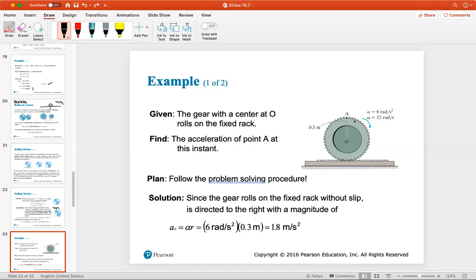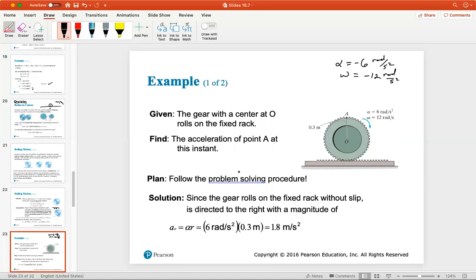Because both of these are clockwise, I'm going to say that alpha is actually -6 radians per second squared, and that omega is -12 radians per second. That way I've anchored my conventions to the math convention, and that should help me get started.